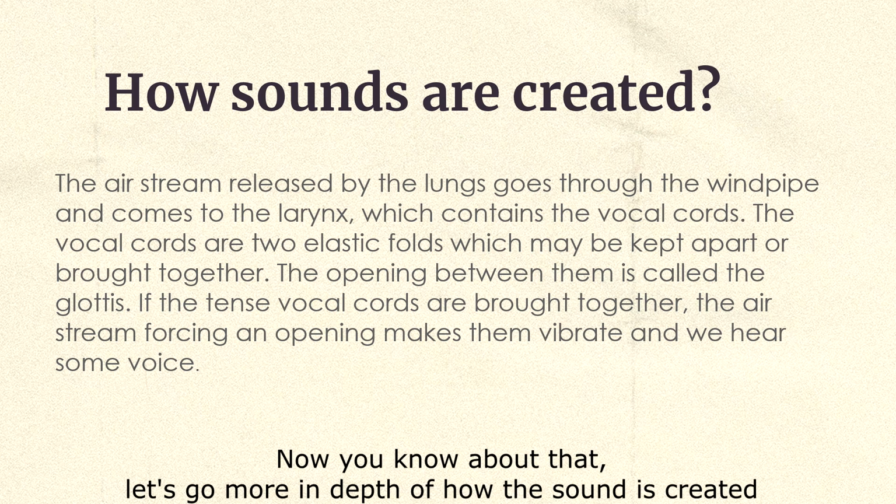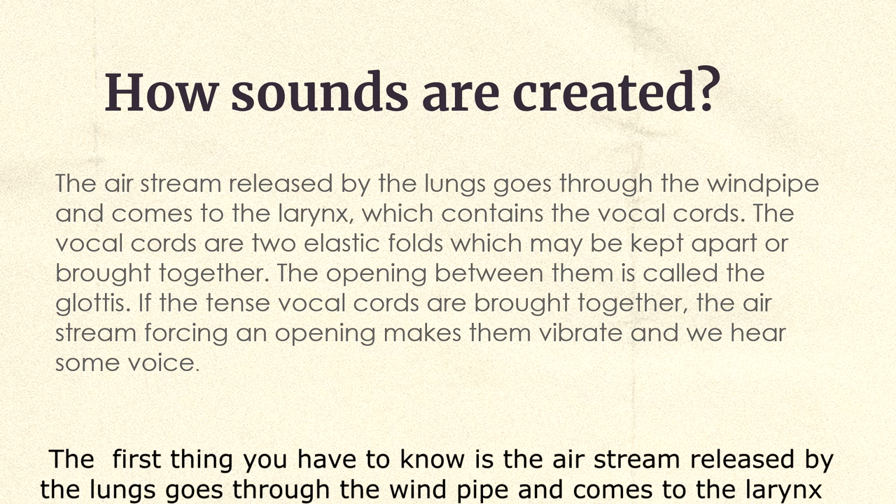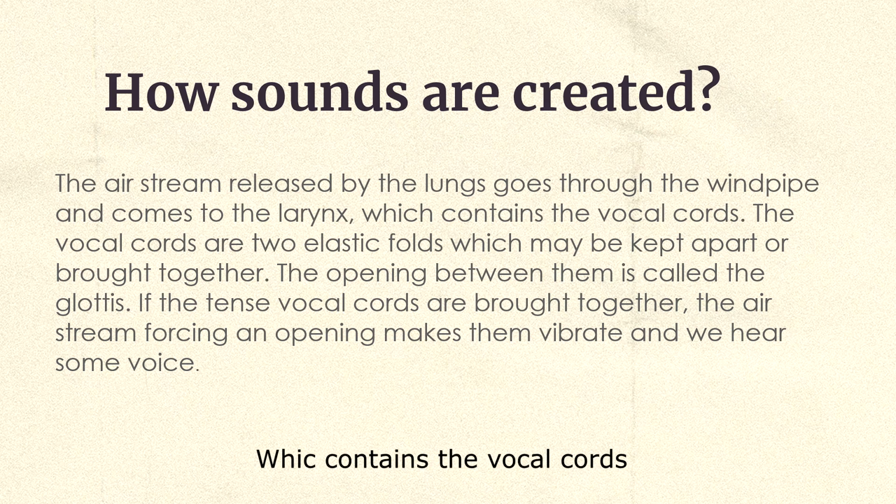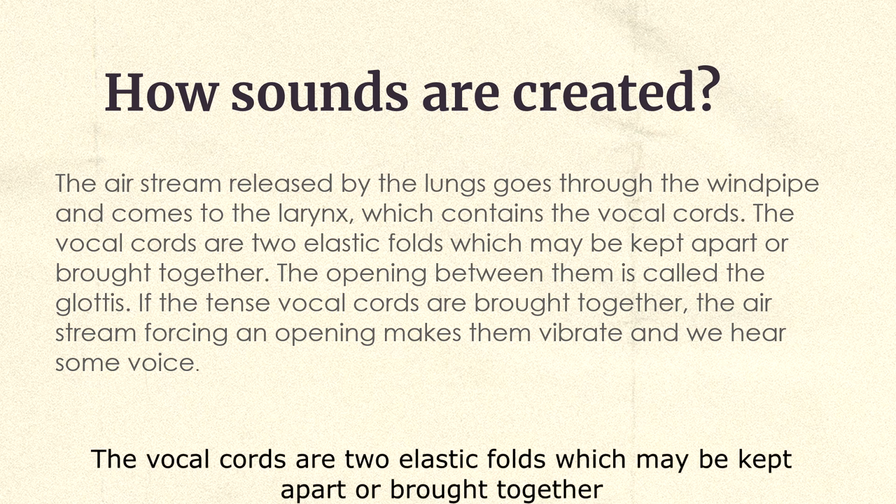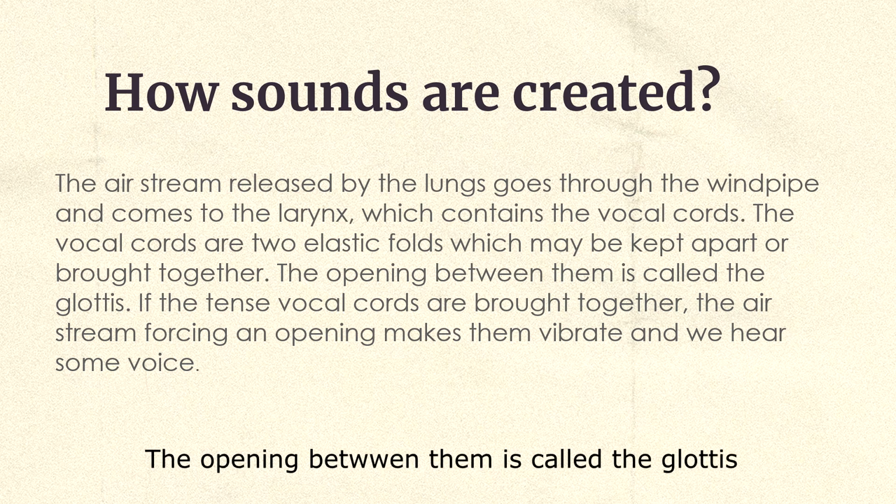Now that you know about that, let's go more in depth into how sounds are created. The first thing you have to know is that the airstream released by the lungs goes through the windpipe and comes to the larynx, which contains the vocal cords. The vocal cords are two elastic folds which may be kept apart or brought together. The opening between them is called the glottis.